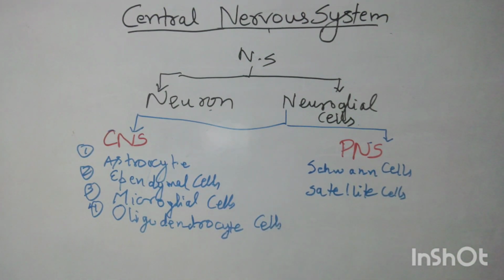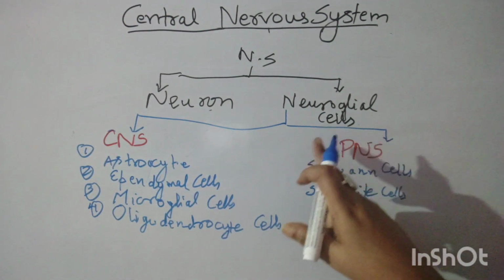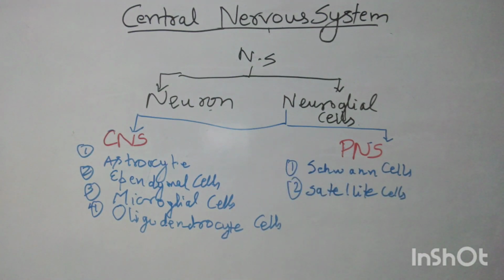So these are the cells which are present. Neuroglial cells present in the CNS are 4, and in the PNS are 2. So we will study these in detail along with their functions.